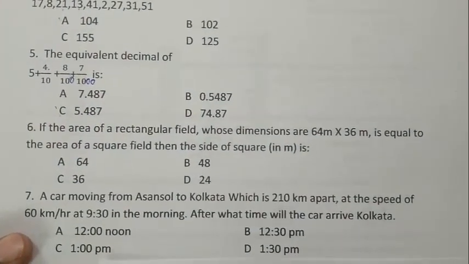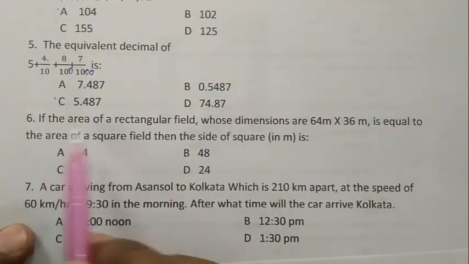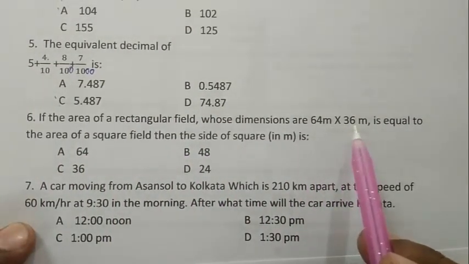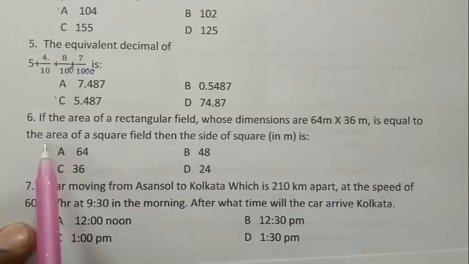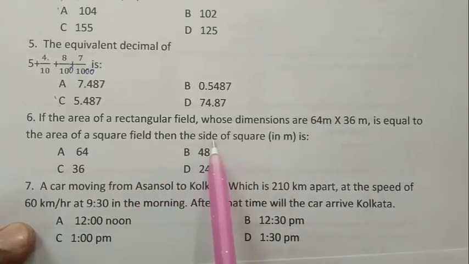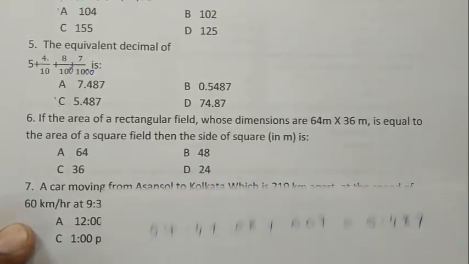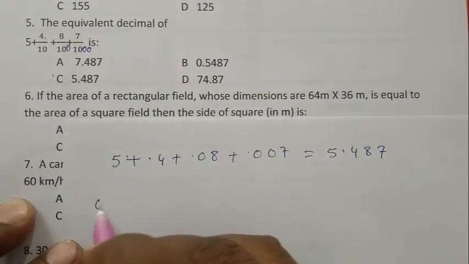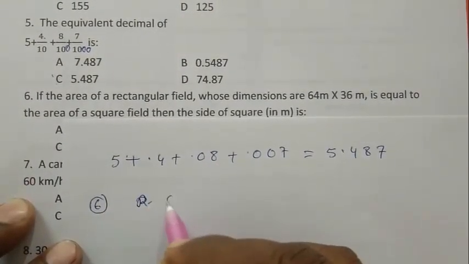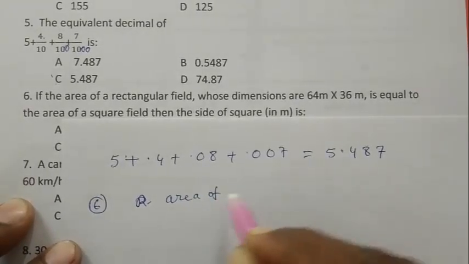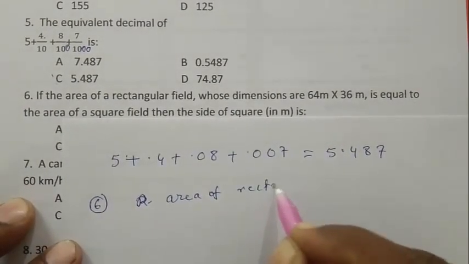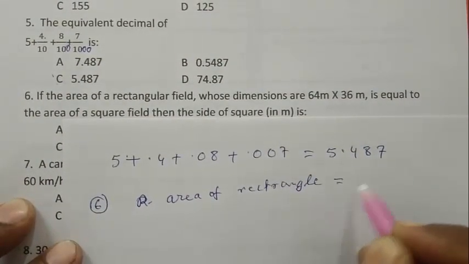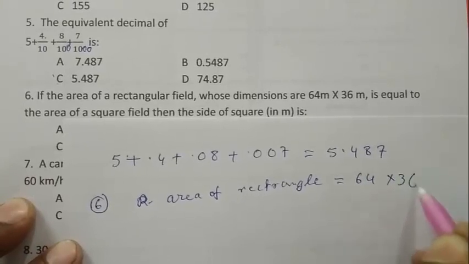Coming to the next question, question number 6. If the area of a rectangular field whose dimensions are 64 meter by 36 meter is equal to the area of a square field, then the side of the square is. So area of rectangle is 64 into 36.